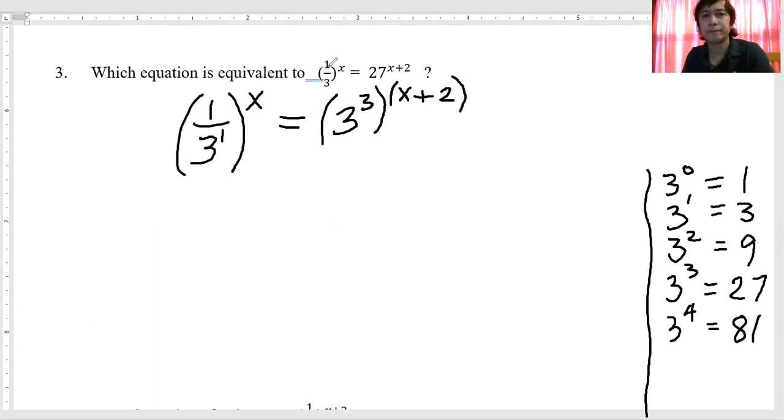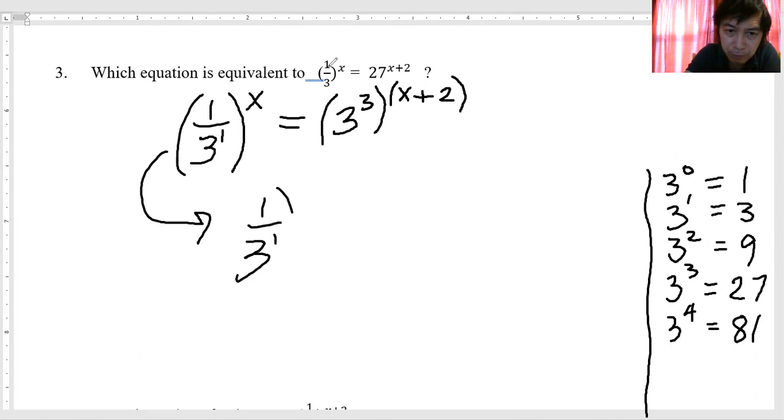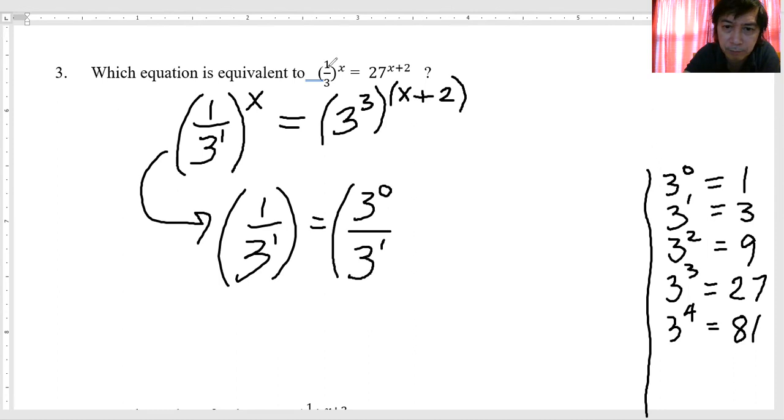There. How come if you bring 3 to the numerator, it becomes negative 1? Well, remember, let me just explain this part. 1 over 3 to the 1. Remember, your 1 is expressible as 3 to the 0. So this 1 here can be changed to 3 to the 0, and the number at the bottom is like that.